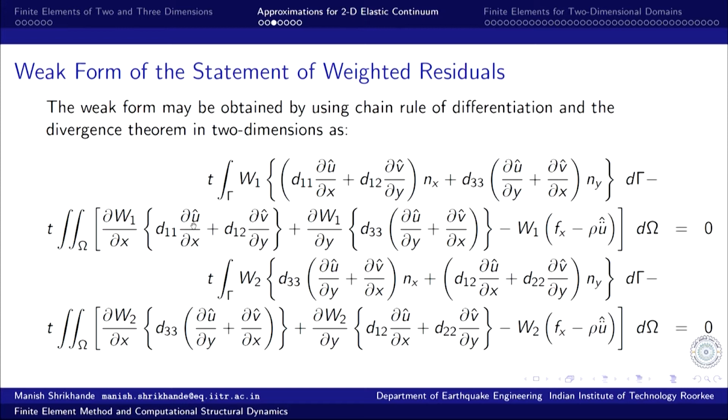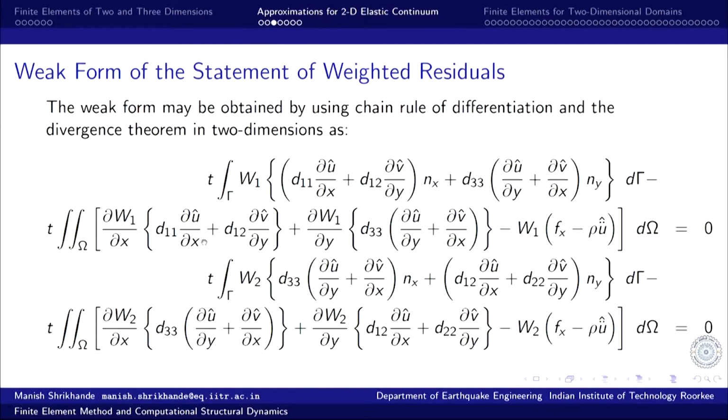So, del u by del x will be defined by a similar sum of shape function derivatives, already defined in terms of nodal coordinates for each node for each element, and this is of course the weighting function that will keep on changing. W can be either N_I, N_j, N_k, N_l in succession.